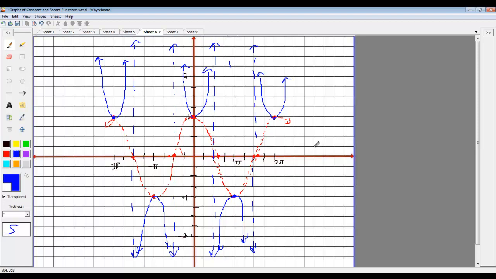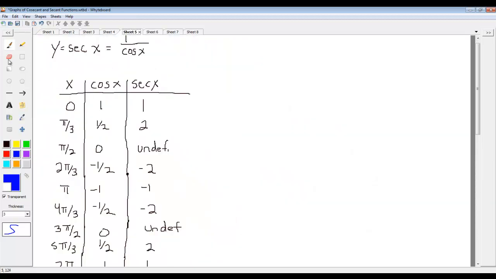Those are going to be your vertical asymptotes. Notice your range goes from negative infinity to -1, and 1 to infinity, and this is an even function. So just like cosine, this is even. Secant of negative x equals secant x. This one has y-axis symmetry.